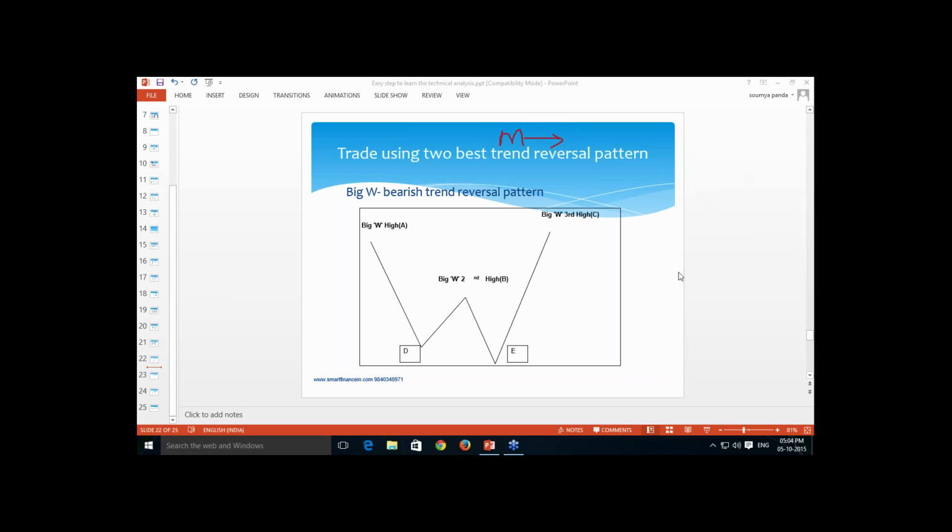When I talk about these patterns, they are classically divided into two categories. Number one, trend continuation pattern. Number two, trend reversal pattern. When we talk about a trend continuation pattern, if certain formations happen on the chart, then the same trend is going to continue.